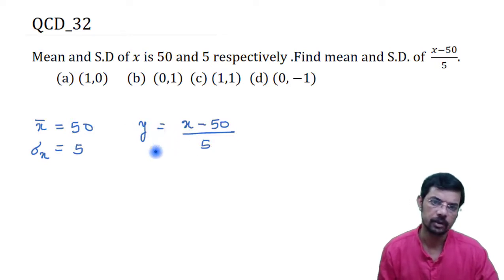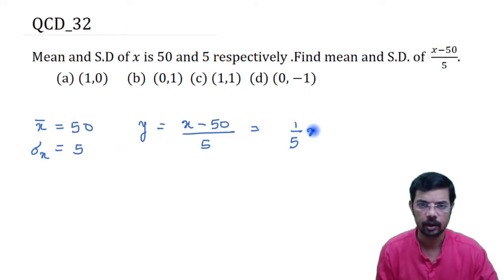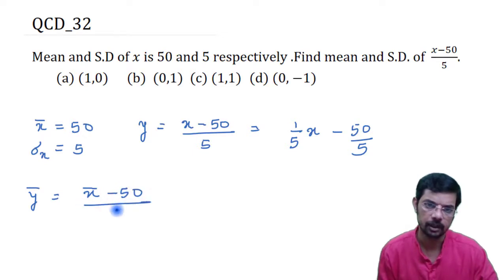We need to find the mean. The mean is affected by change in scale as well as origin. So this can be written as 1 by 5 into x minus 50 by 5. So y bar will be equal to x bar minus 50 divided by 5.